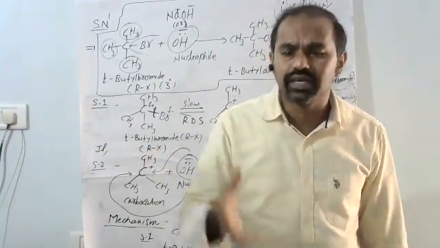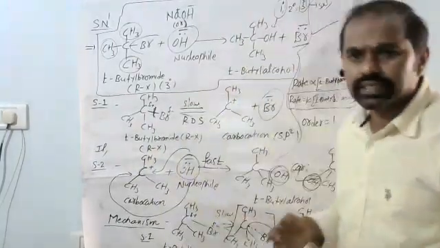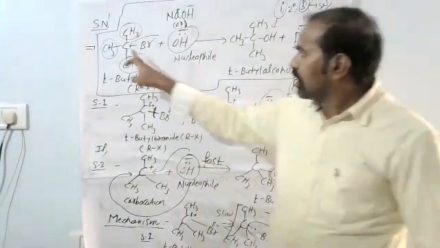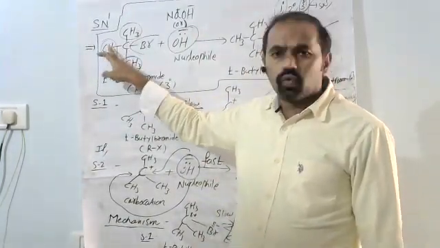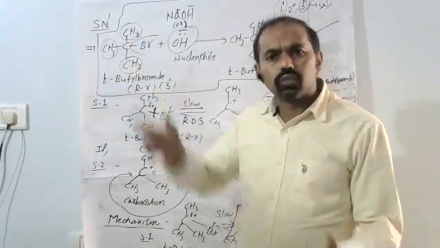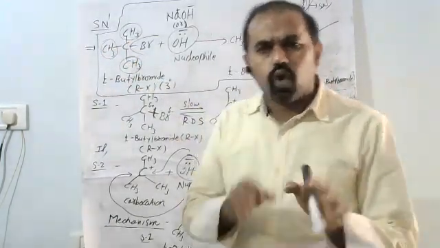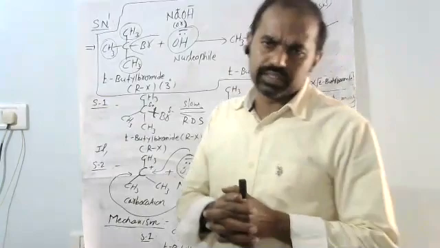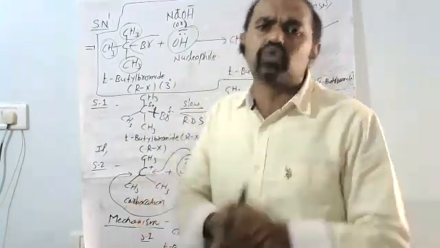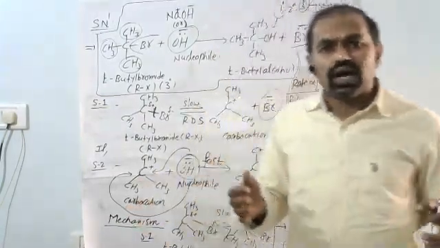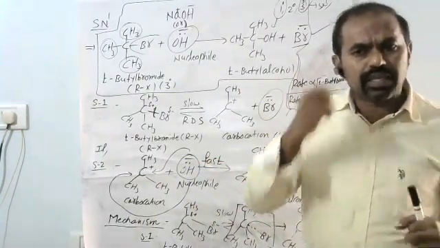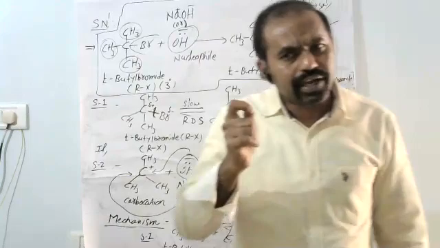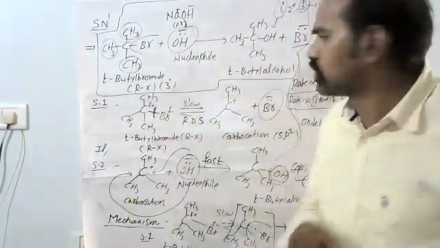What is the meaning of that? Steric hindrance or steric effect means this carbon is surrounded by three big groups, big voluminous methyl groups. These all oppose the nucleophile. That is called steric effect or steric hindrance. Because of that reason, the reaction takes place through two steps.